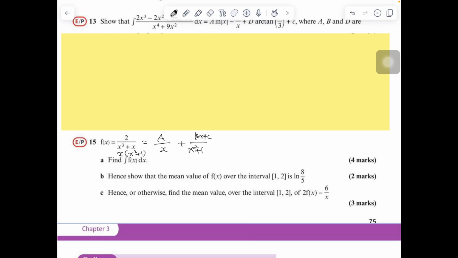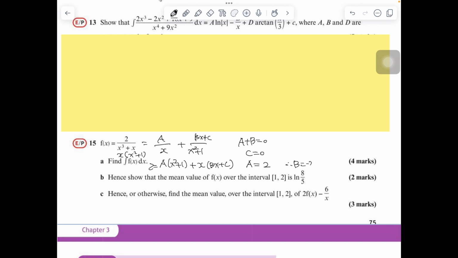The standard form is on the numerator. So 2 becomes a times (x squared plus 1) plus x times (bx plus c). a plus b should be 0 because we don't have any x squared term on the left side, and c is 0 because we don't have an x term. The constant term a should be 2. Therefore, b equals negative 2.